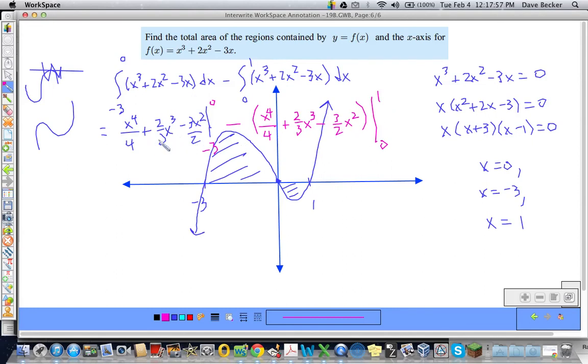And you have a lot of arithmetic to do there, but what you end up with is 11 1/4 for this one, minus a negative 7/12. So you just have to trust me on this one. And we get a final area of 11 5/6 square units.